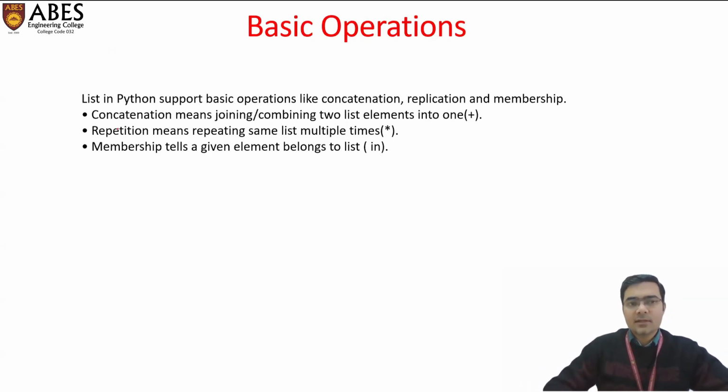In concatenation, we merge or join two different lists into a single list with the help of the plus operator.